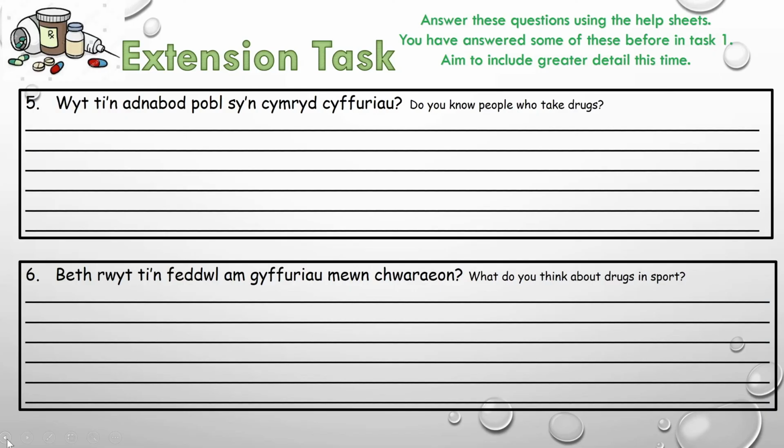Iawn te. The extension task is to reflect on cyffuriau drugs. Wyt ti'n adnabod pobl sy'n cymryd cyffuriau? And beth wyt ti'n feddwl am gyffuriau mewn chwaraeon? What do you think about drugs in sport?